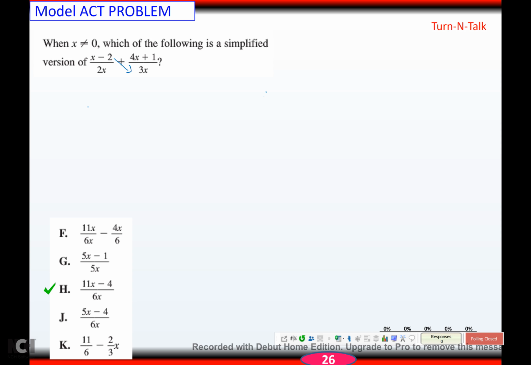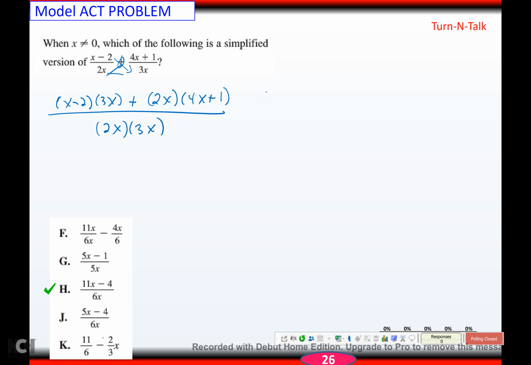So if I criss, that's going to be x minus 2 times 3x. Copy the sign. Cross is going to be 2x times 4x plus 1. Straight across is going to be 2x times 3x.